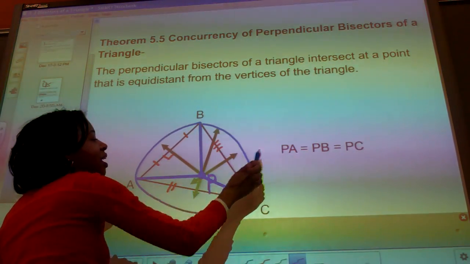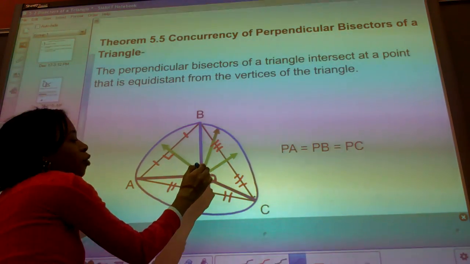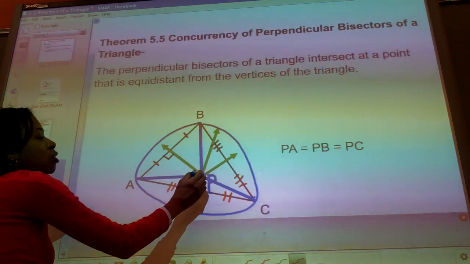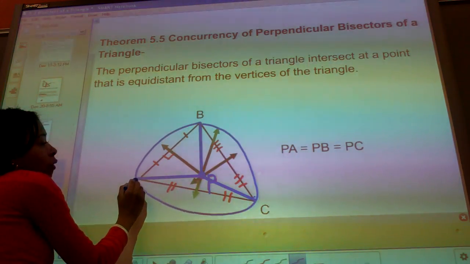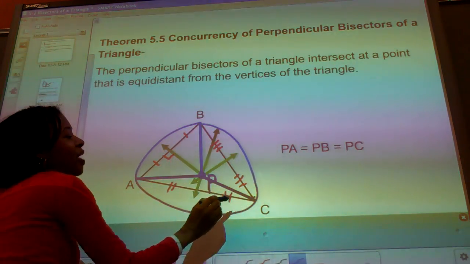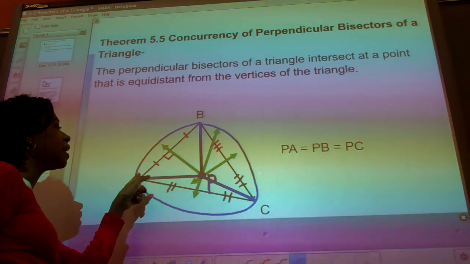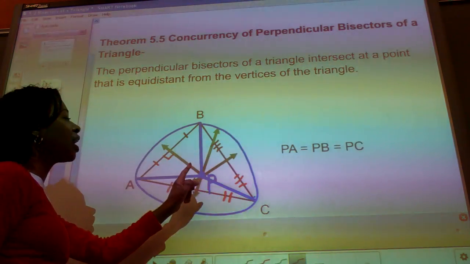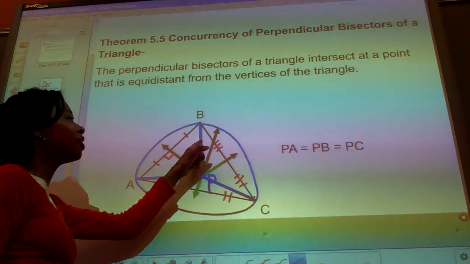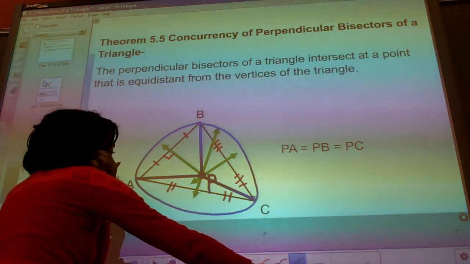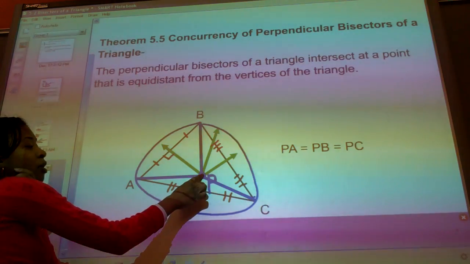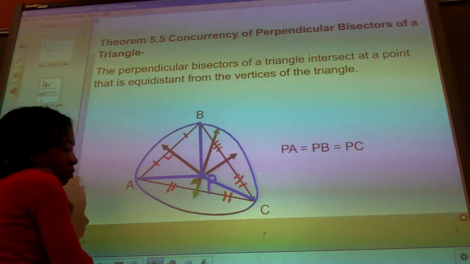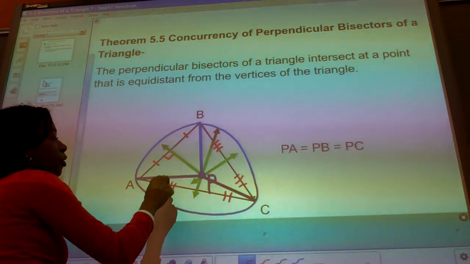That means that after I draw my point P, or concurrency point, and draw from point P over to each of my vertices, the length from P to A is going to be equal to P to B and the length of P to C. All three of these segments will be equal.